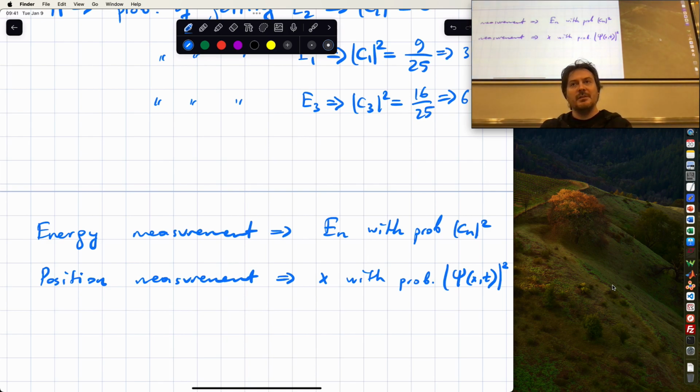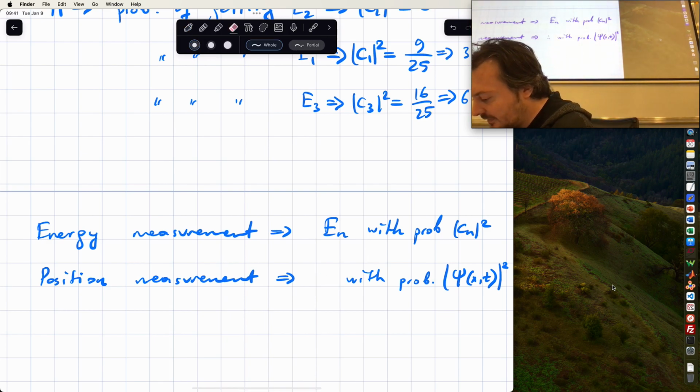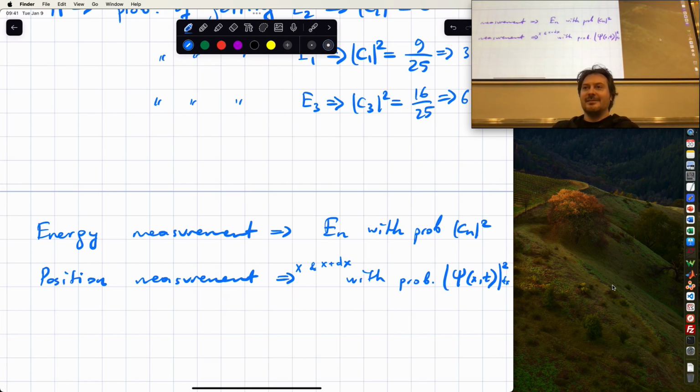Do you remember this? Actually, if we are going to be more precise, the probability of being between x and x plus dx is this much times dx. Is this better? Or did you like the previous one? Anyways, you don't care.